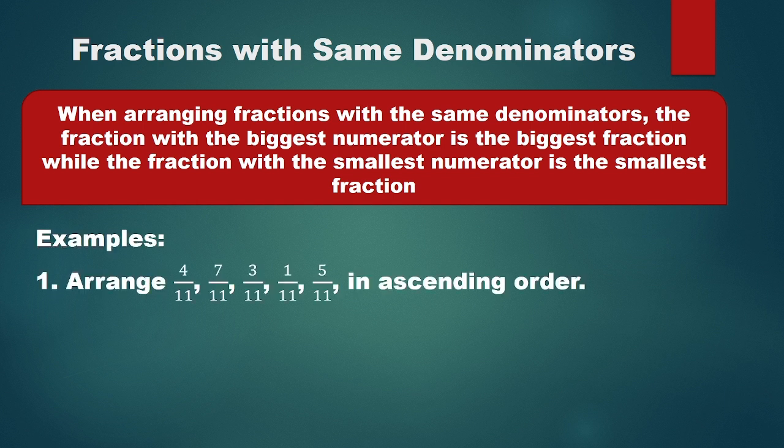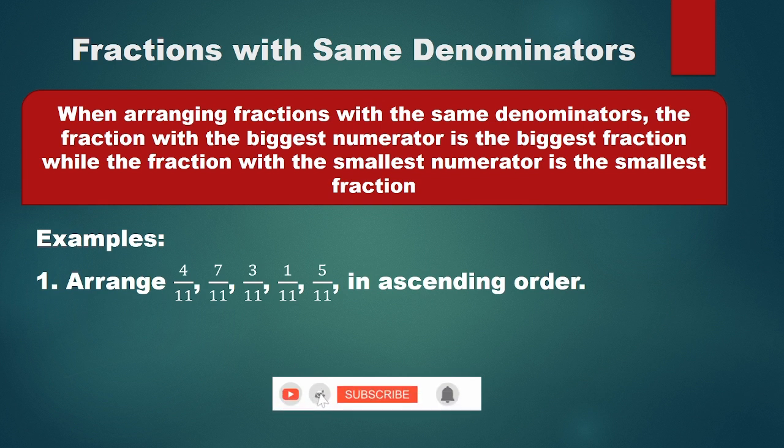Let's take some examples. Arrange 4 over 11, 7 over 11, 3 over 11, 1 over 11, 5 over 11 in ascending order. Ascending order means from the smallest to the biggest. How do I identify the smallest fraction here? Go back to the rule. The fraction that has the smallest numerator is the smallest fraction.